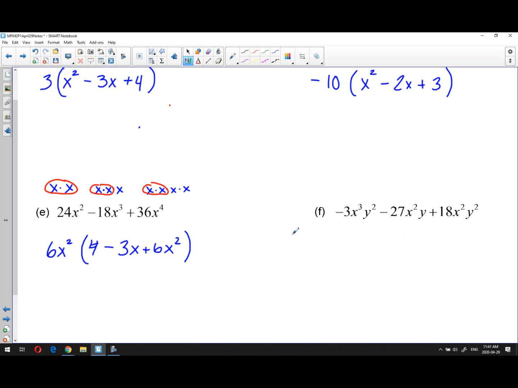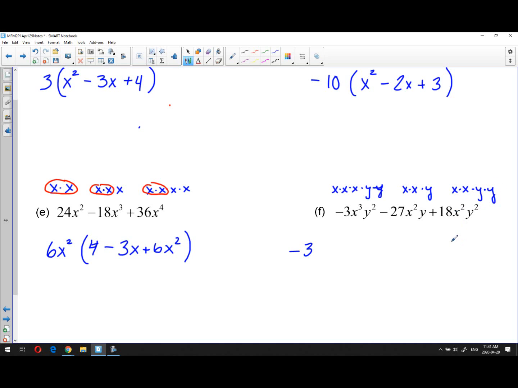Because the first term is negative, my greatest common factor is also going to be negative, so negative 3. And now looking at the variables, x cubed y squared, that's x times x times x times y times y. And this one, that's x times y. And this one here, x times x, 2 x's, y times y.